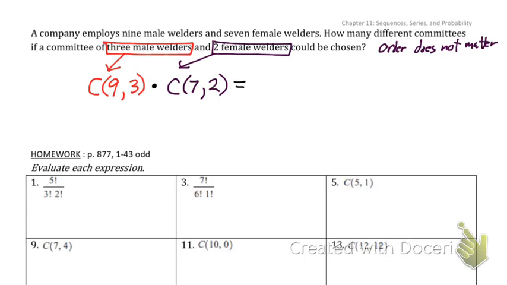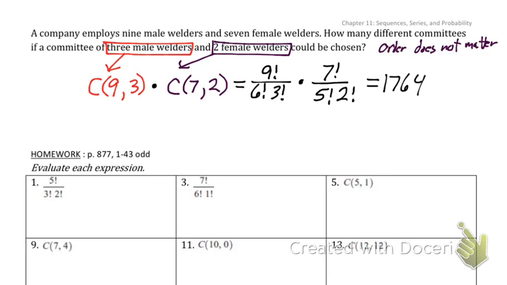So that is going to be 9 factorial over 9 minus 3, which is 6 factorial, times 3 factorial. And then we're going to multiply that by 7 factorial over 7 minus 2, which is 5 factorial, times 2 factorial. And you may want to break this apart in your calculator, or you might not. However you plug it in, you should come up with 1,764. Total choices.